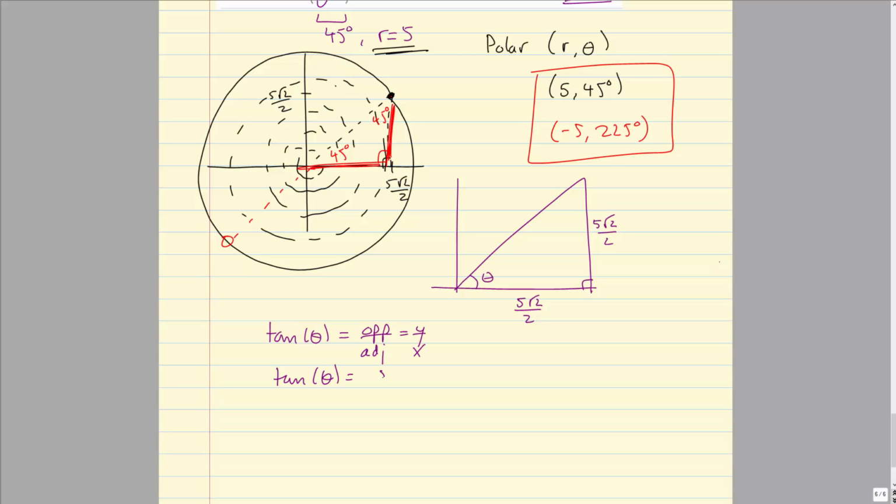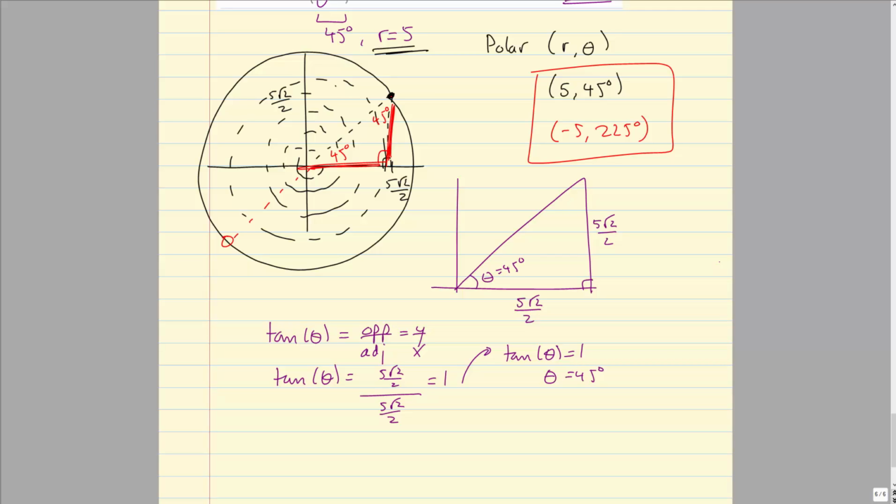So tangent theta here is 5 root 2 over 2 divided by 5 root 2 over 2, which is 1. So tangent theta is 1. Well, what angle has a tangent of 1? 45 degrees does. Or you can use the inverse tangent on your calculator as well to figure that out. So theta would equal 45 degrees here. So I know this is 45 degrees.